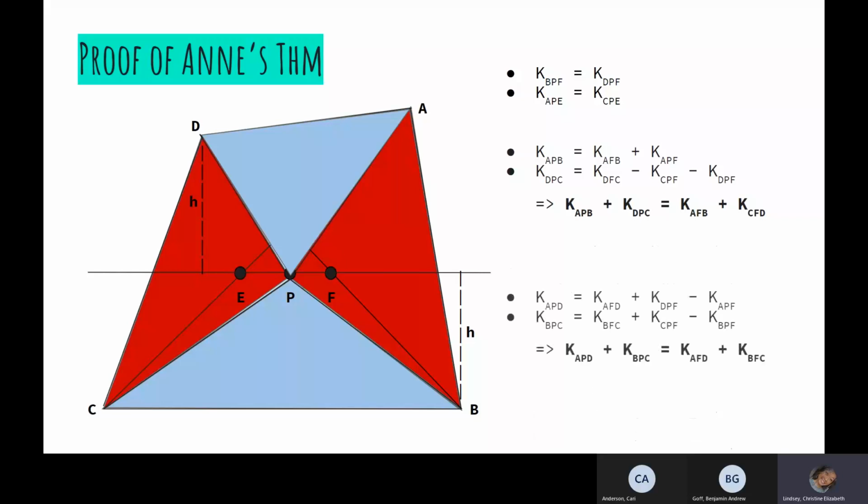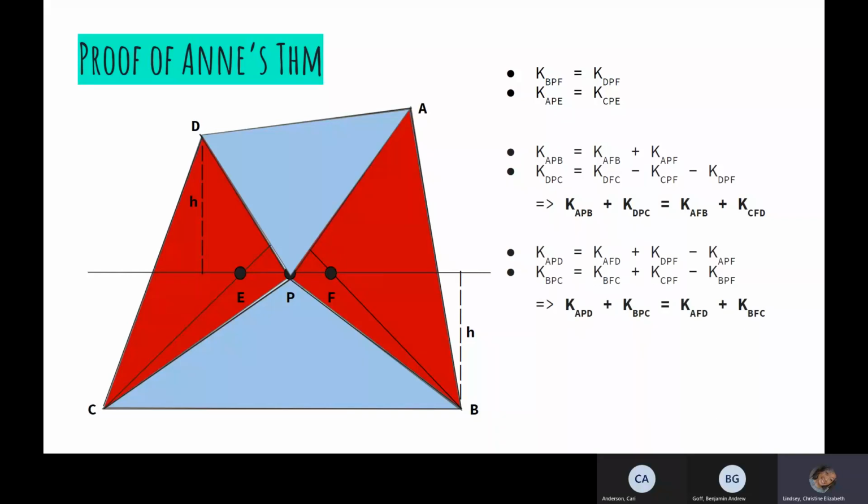Ultimately, we can conclude from those two statements that the area of APD plus the area of BPC equals the area of AFB plus the area of BFC.